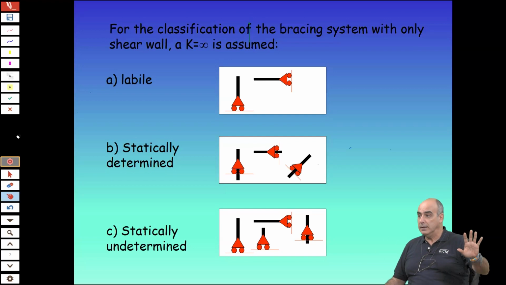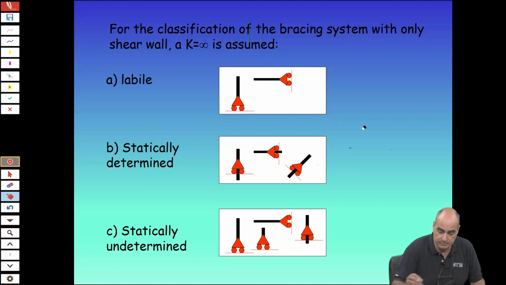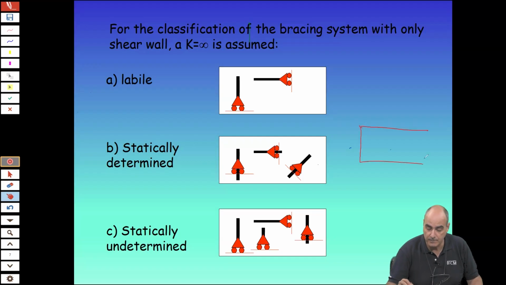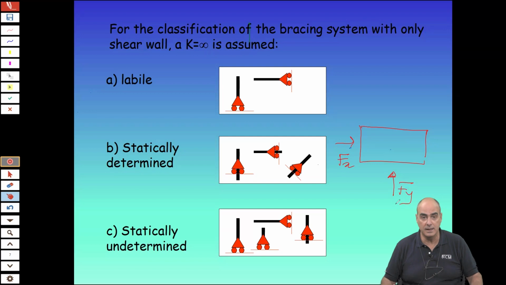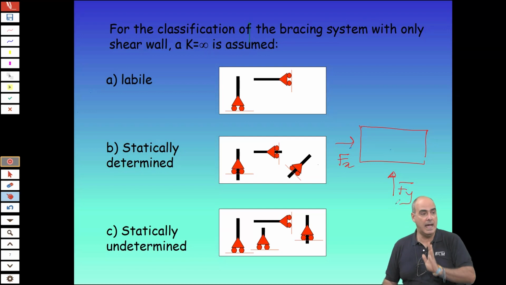Then for wind, you design as if the wind comes separately, only from one direction at a time. So if you have a building like this, and you know that the wind can have either a direction Fx or the direction Fy, you design separately for Fx and for Fy.